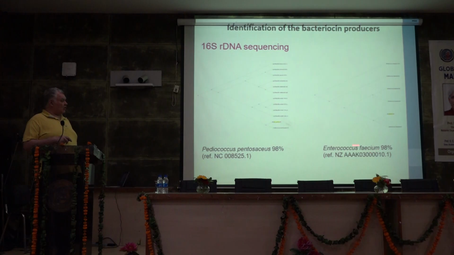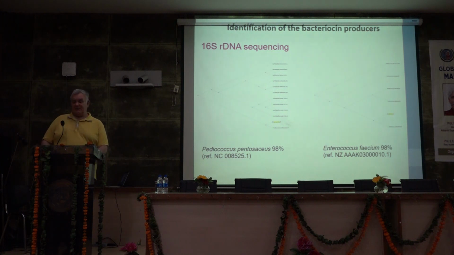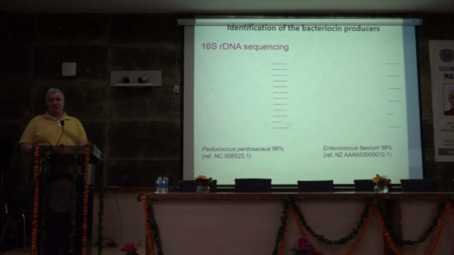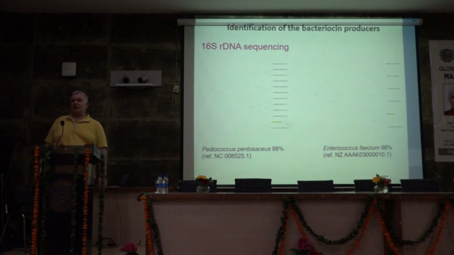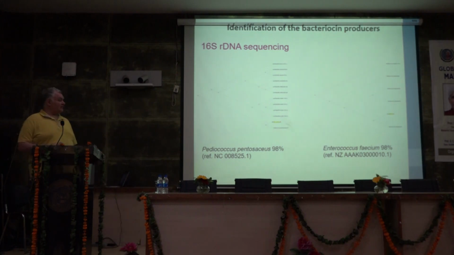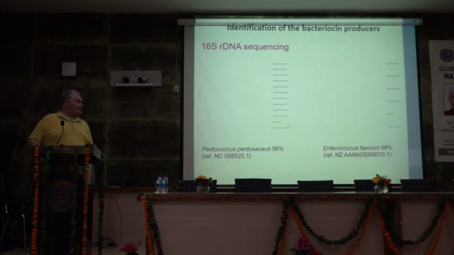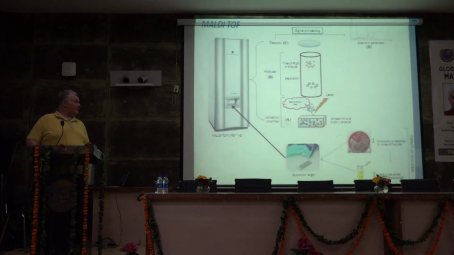It was giving Enterococcus faecium at 98%, but I was not happy, because these same results can appear with Enterococcus faecalis, Enterococcus mundtii, Enterococcus casseliflavus, Enterococcus avium. Enterococcus 16S is not a good option, because it's a very conserved region, the same region for the different Enterococcus. So it needs to be combined with another method.